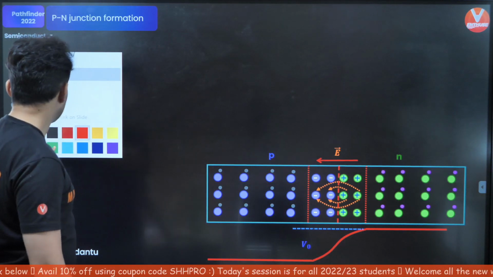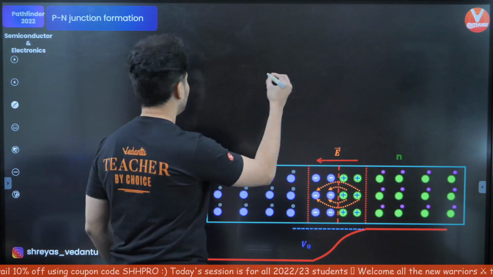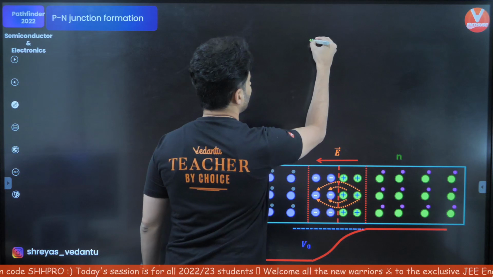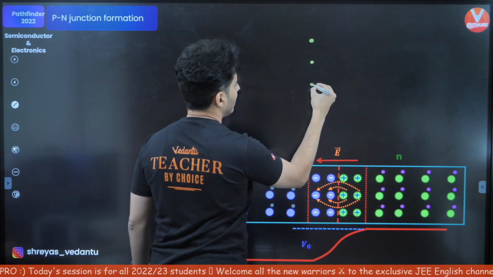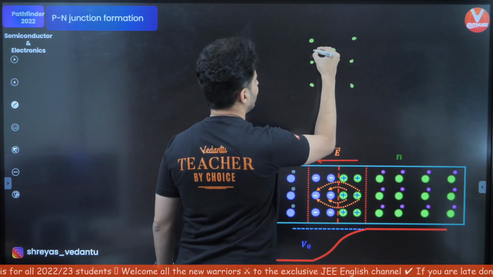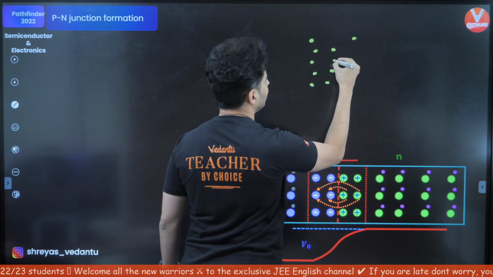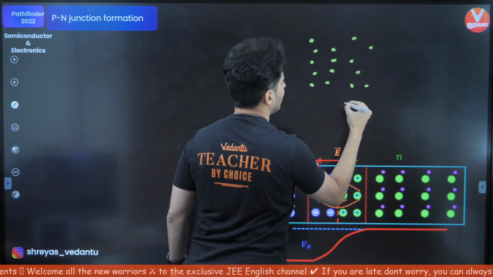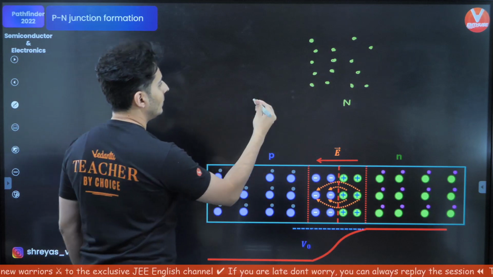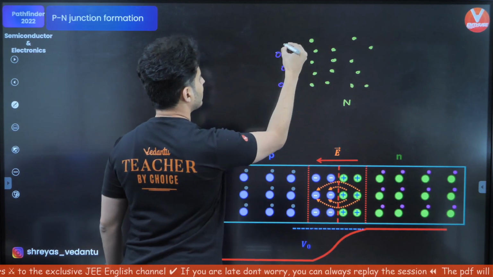Okay, so let's just make this diagram for your sake. Let's say over here, these are your electrons, a lot of electrons. This is your n side, and over here, there you go, you have a lot of holes.